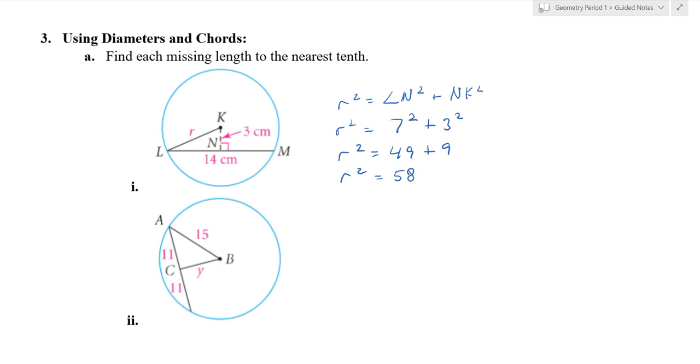So we need to take the square root of both sides. So we have r equals the square root of 58. And the square root of 58 is 7.6156. To the nearest tenth, this is approximately equal to 7.6. And our units of length happen to be centimeters. So we would say centimeters. And that's our answer right here.